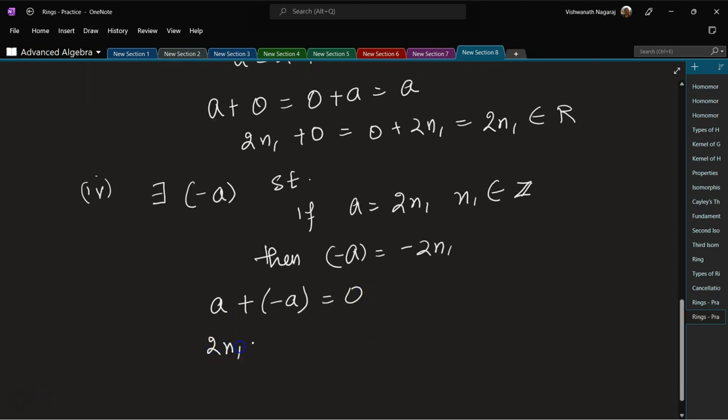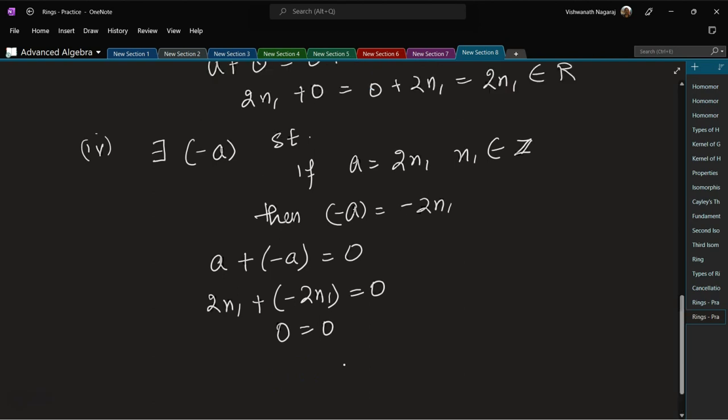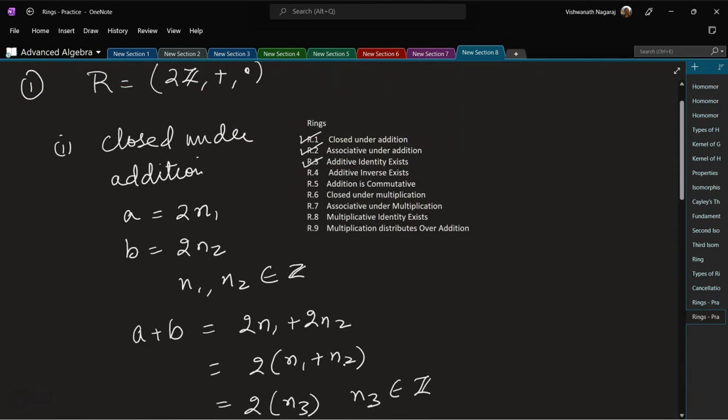So 2n1 plus minus 2n1 equal to 0. So this will give us 0. Okay. So additive inverse is there.